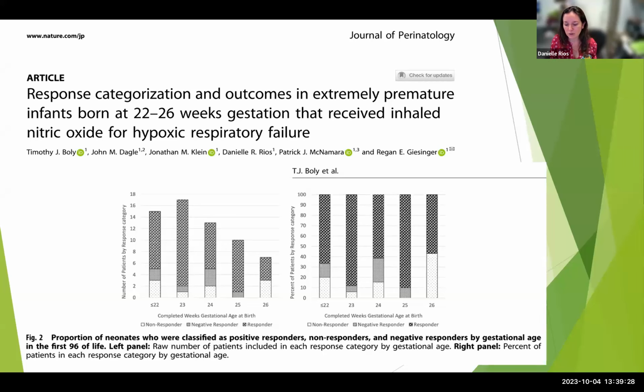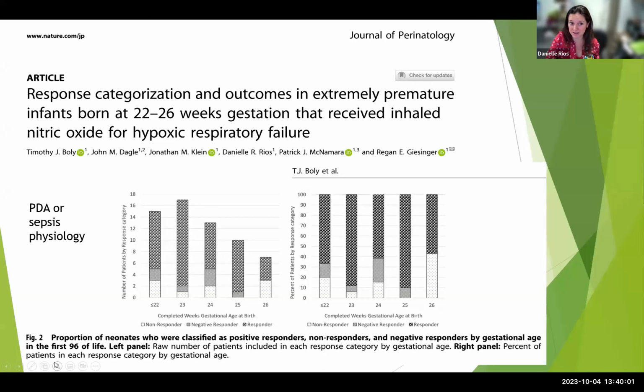However, babies who were negative responders, in the gray color here in the figures, were more likely to have PDA or sepsis physiology, not pulmonary hypertension. So that's not quite a shocker, right? When we say that iNO isn't working in preemies, it's possible that we're not treating pulmonary hypertension. We're trying to use iNO to treat some other pathophysiology that it's not meant to improve.